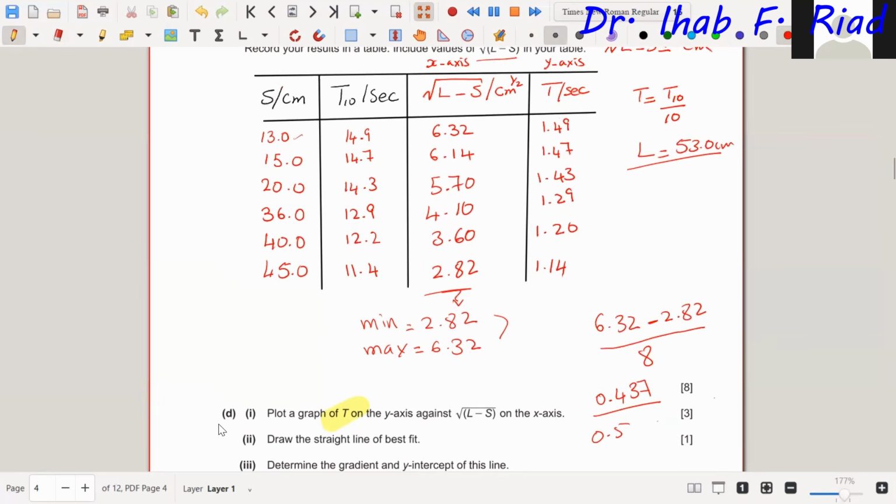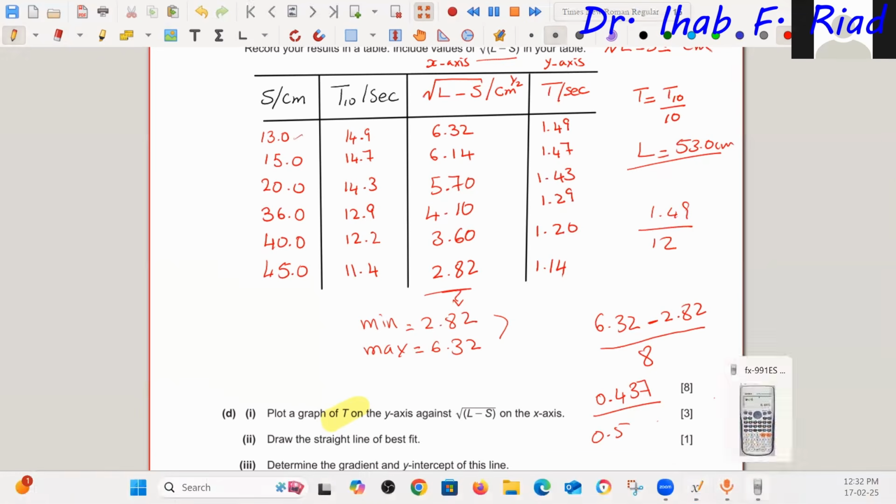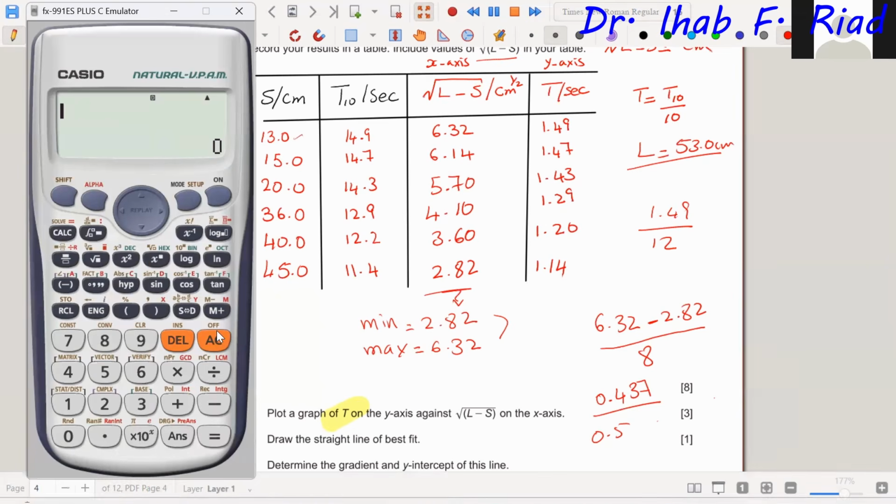So we are going to say what? 1.49. This is the maximum. We divide by 12. 1.49 divide by 12. Okay. It is going to be 0.12. So the next best one is 0.2, right? Yes.